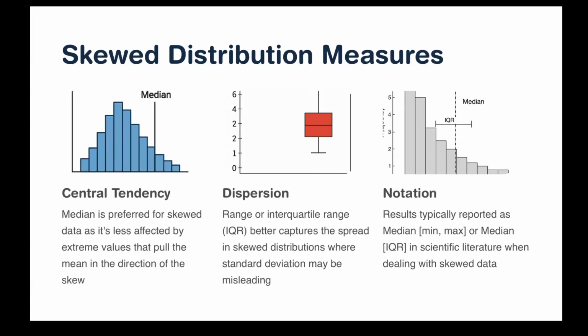When there is a skewed distribution, the central tendency measure will be the median, and the range or interquartile range will better capture the spread in skewed distributions, where standard deviation may be misleading. Then the notation will be reported as median, minimum and maximum, or median plus interquartile range.